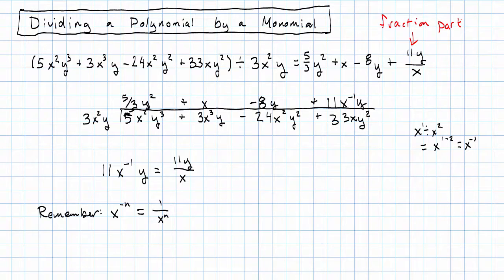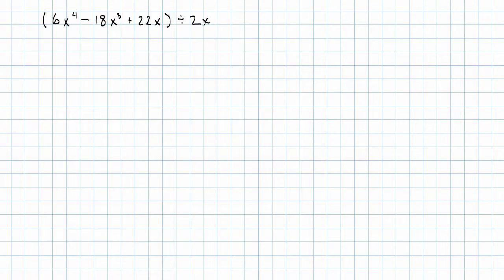Let's see another example. Let's say we have this polynomial division problem. Again, I'm going to set up a division bracket to help me keep track of what I'm doing. 6x to the fourth plus negative 18x to the third plus 22x.